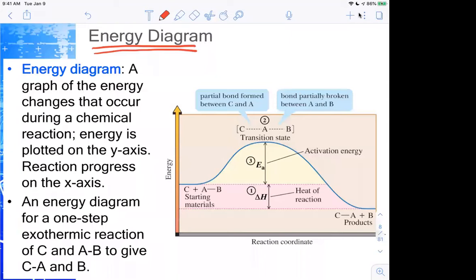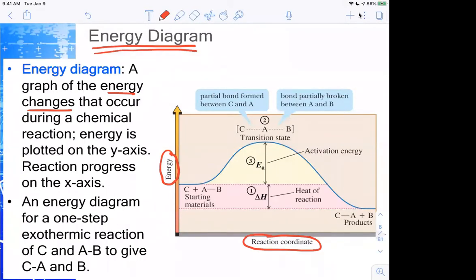So we're actually going to look at a graph of the energy changes that occur during a chemical reaction. So my energy is on my y-axis, and the progress of the reaction, which is called the reaction coordinate, is on the x-axis.